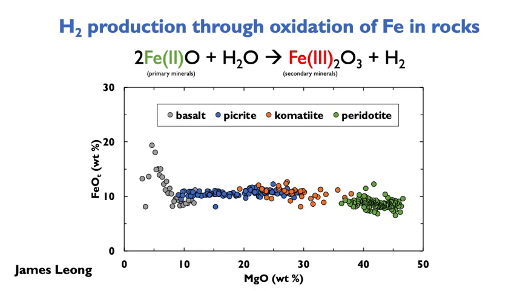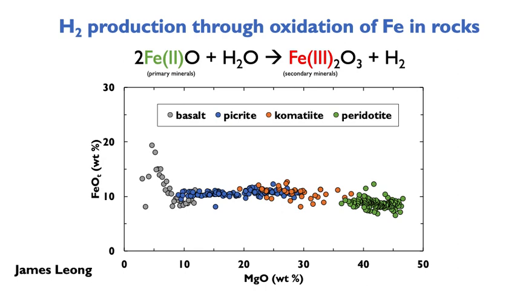And notice on the right we have the peridotites and the komatiites, and basalts on the left, with the newly introduced type of rocks called picrites. So as the magnesium content of rocks decreases dramatically from peridotite to basalt, you'll notice that the iron content doesn't change that much. And so it's the oxidation of that iron in the primary minerals to the ferric iron in the secondary minerals leading to the hydrogen.